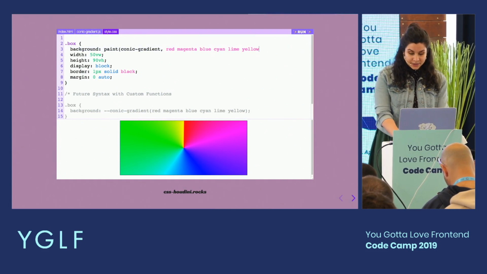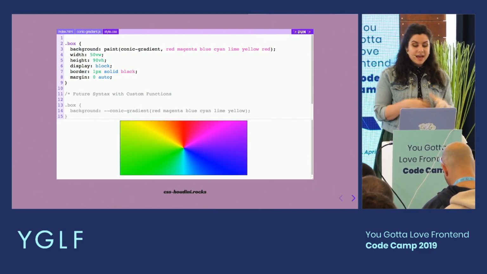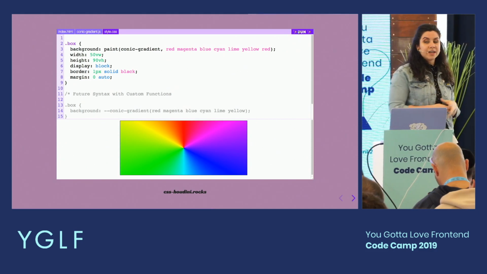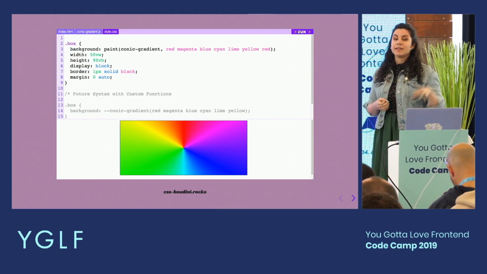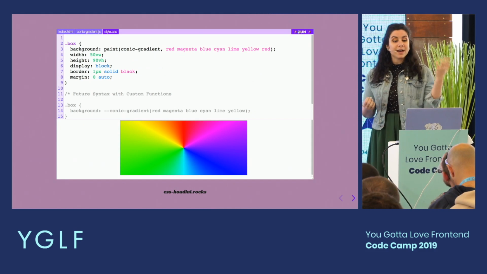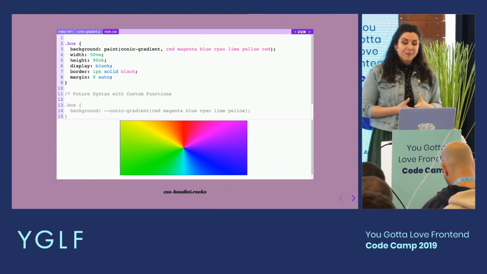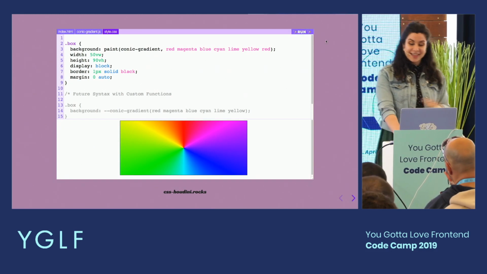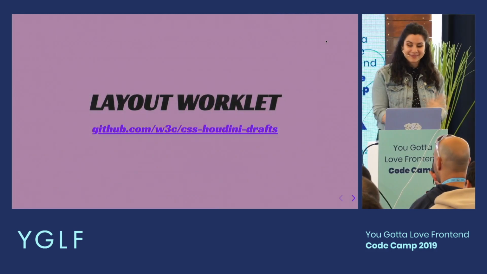If I wanted to add a color and have that be a continuous circle, I can add it inside of the CSS, and then it can read that conic gradient, understand that transformation that we want the CSS to understand from the ground up, and then apply that paint. So it's pretty cool. It's kind of magical. I think it's the future.